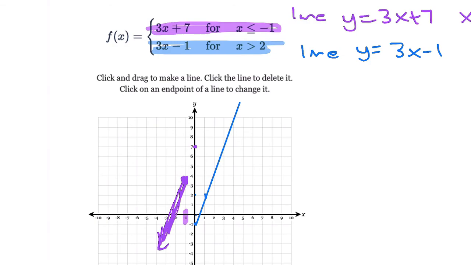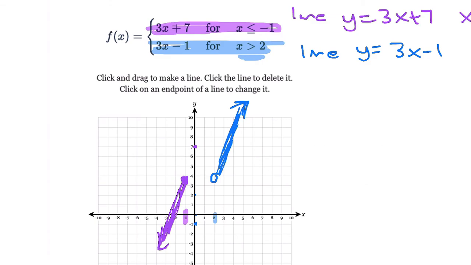Remember, we only want this line when x is greater than 2. Here's 2. So we only want this line starting at 2, but not equal to it, and bigger. So we erase this part, and that's what our graph would look like.